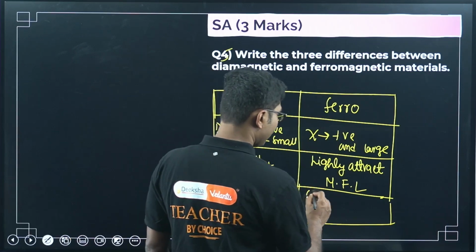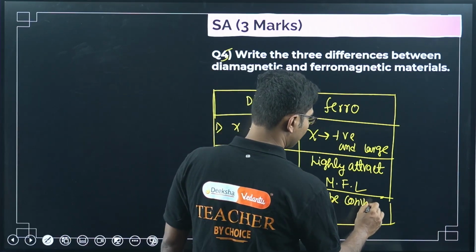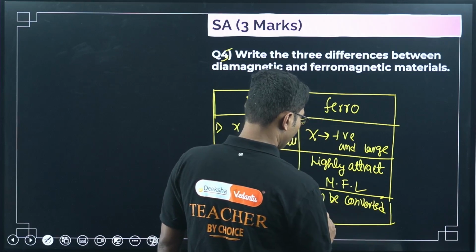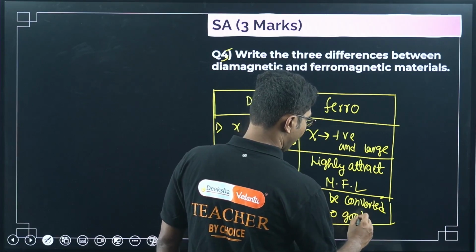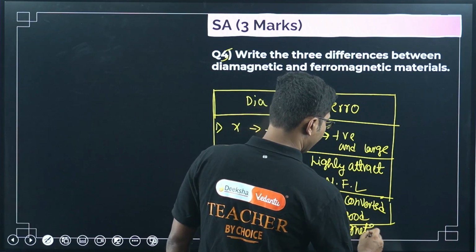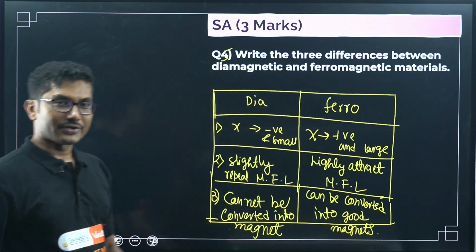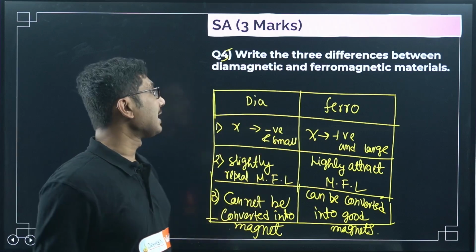Ferromagnetic can be converted into good magnets. There are many other differences. You can check the difference table given in your book. These are the very basic 3 points that I gave you.